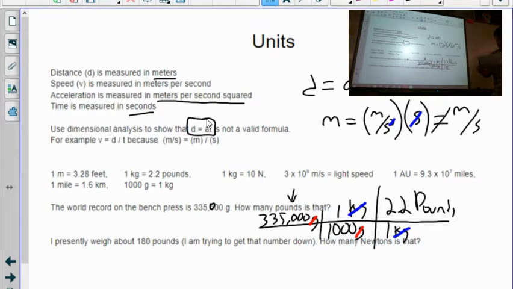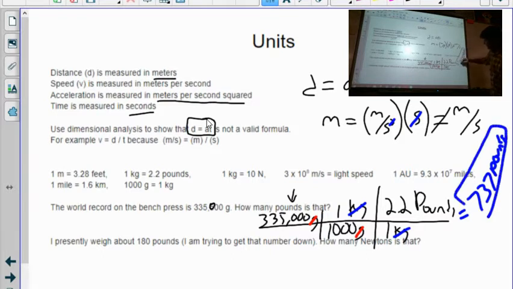And if I do that out, I get 737 pounds. Now, instead of doing it like this, if you had 0.001 kilograms equals 1 gram, that would work as well. So it just depends on how you set it up.